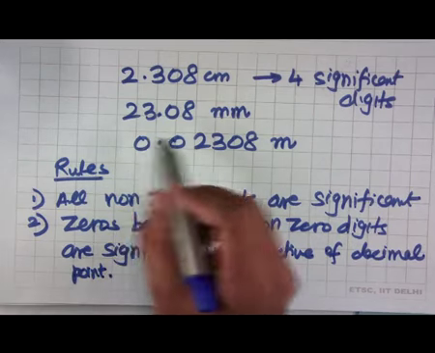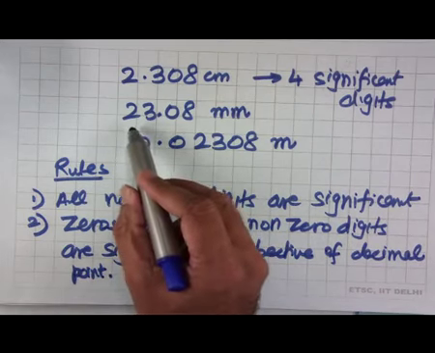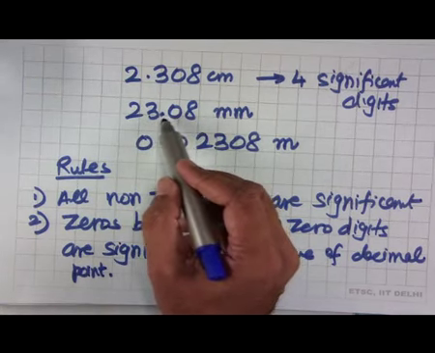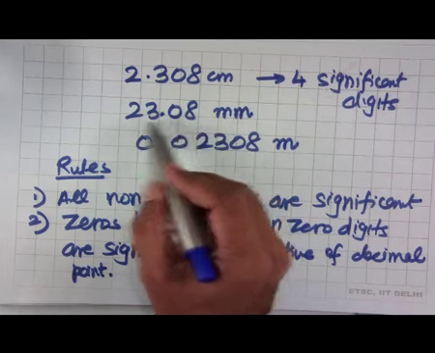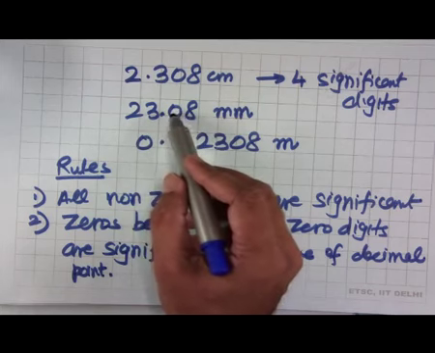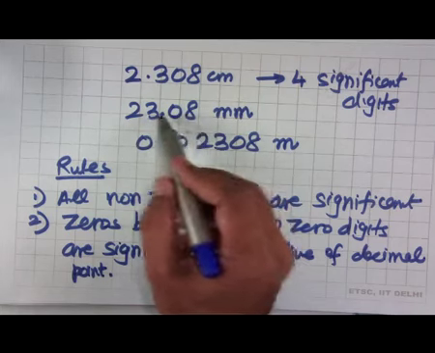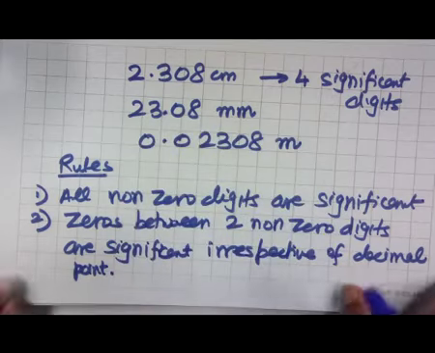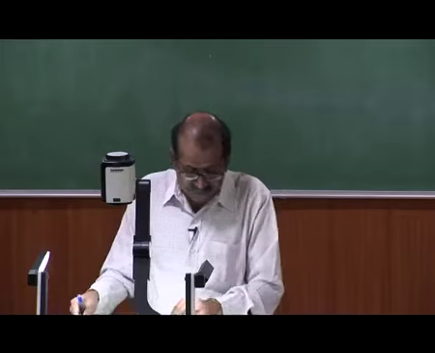For example, in 23.08, there is a 0 just after the decimal point, but still this 0 will be counted as a significant digit, because it is surrounded by 2 non-zero digits. So, when we write 23.08, we will talk of this as 4 significant digits.